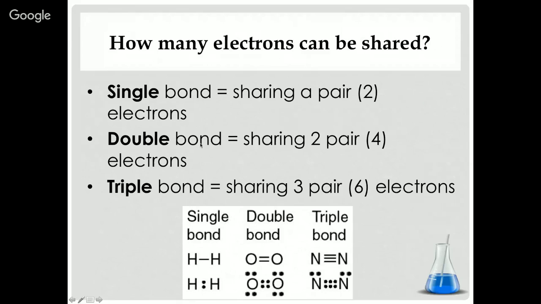A double bond is 2 pairs of electrons or 4 total electrons, as we can see here. So we have 1 pair, 2 pair, or we have 1, 2, 3, 4 total. And then triple bond, 3 shared pairs or 6 total electrons. So we have 1, 2, 3 shared pairs or 2, 4, 6 total shared electrons. So just watch that wording on the Regents exam.